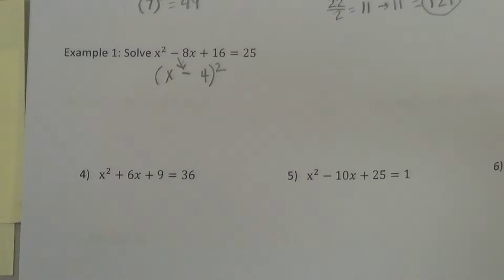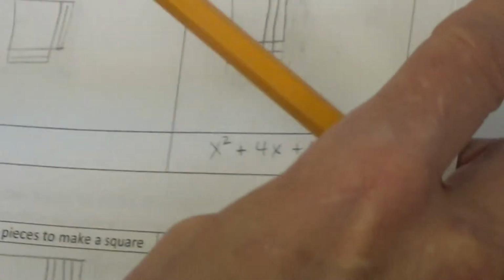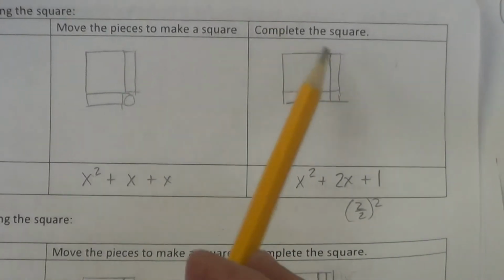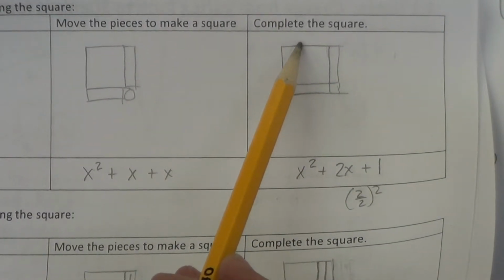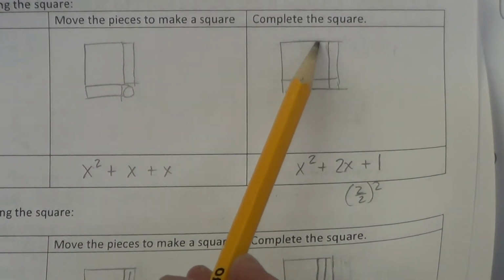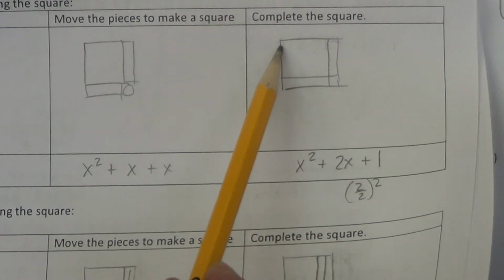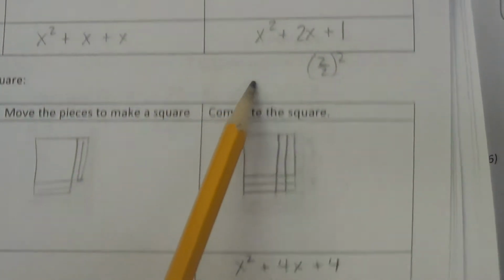Now let me just review how we got that. If you look back at your squares that you drew, the way that you get that is if you just go right along the side. This is x. The length here is x, and the length there is 1. So it's x plus 1 times x plus 1.